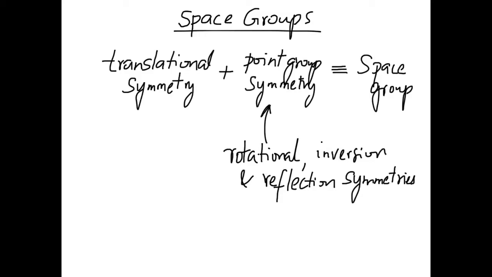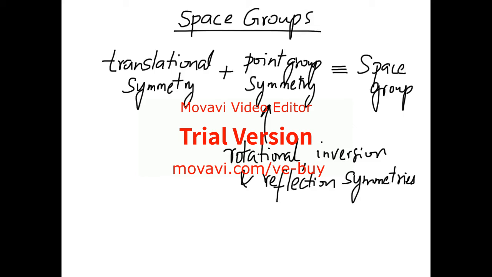So the point group symmetry is also referred to as point symmetry by some people. And for an isolated system or a molecular system where translational symmetry is irrelevant, the number of point group symmetries possible is really infinite.